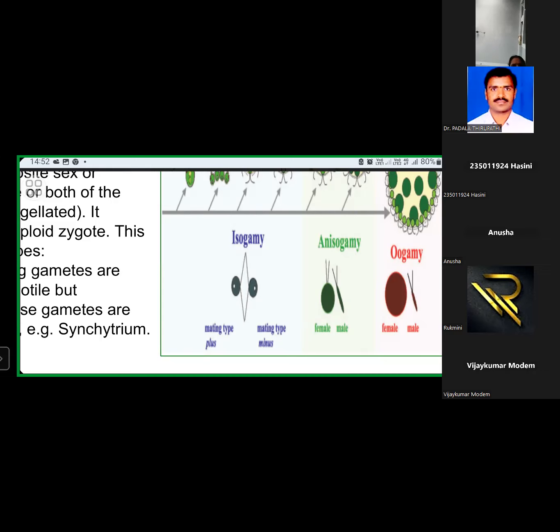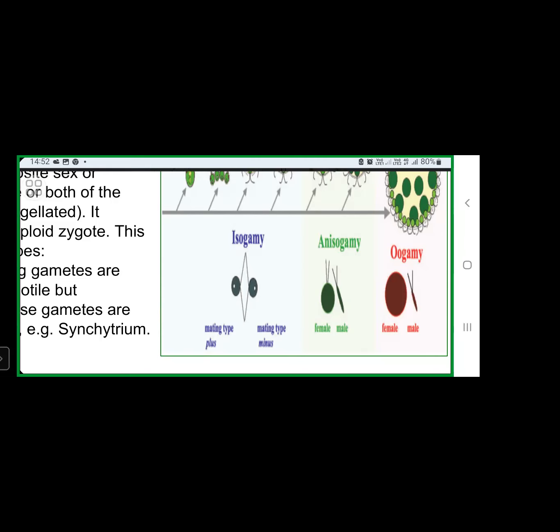You will see this kind of anisogamy type of fusion in Allomyces. Coming to the last type in heterogamy, that is oogamy. Oogamy means here also two gametes are fused. Here one gamete is motile and another gamete is non-motile. In anisogamy both are motile, but in oogamy one is motile and the other is non-motile.